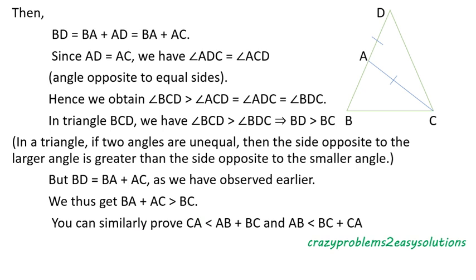So BD equals BA plus AC, since AD equals AC. Since AD equals AC, the angles ADC and ACD are equal, because they are opposite to equal sides.